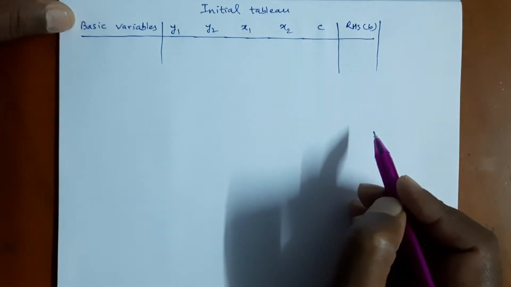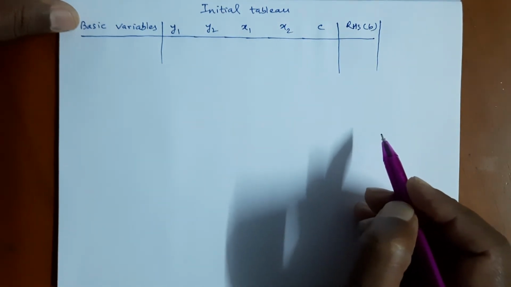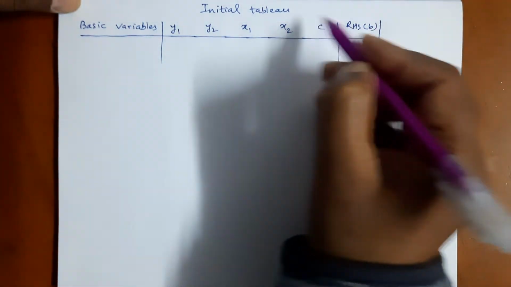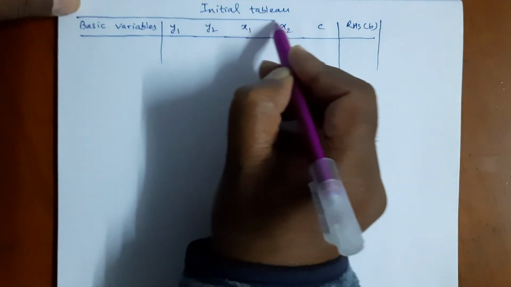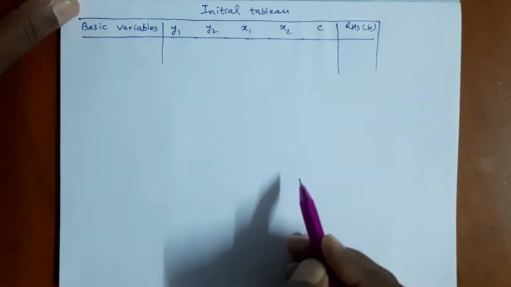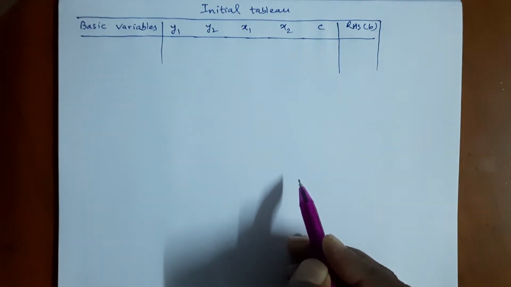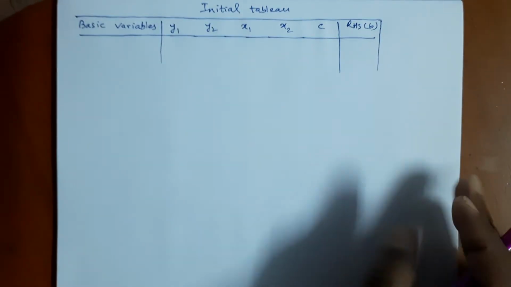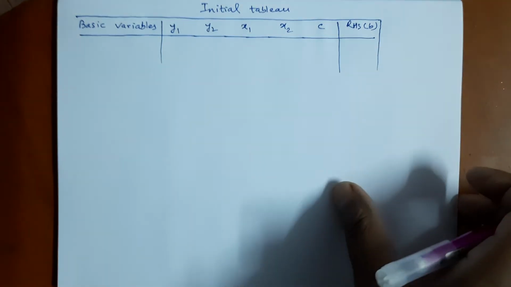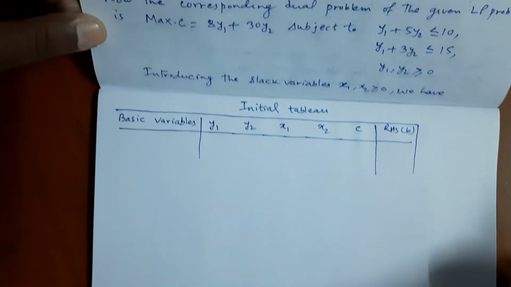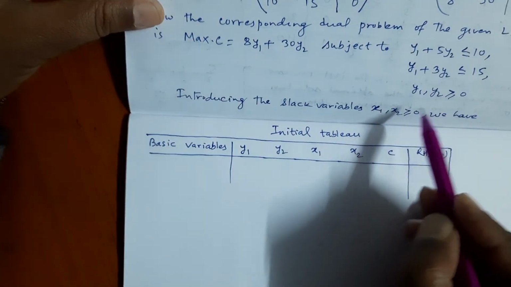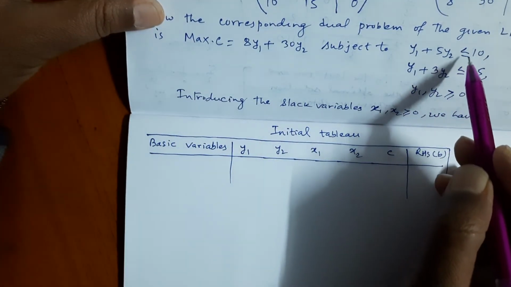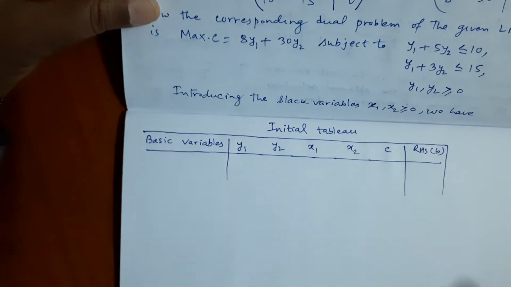Okay, and here after introducing slack variables, we have after adding this x1 x2 here, this inequality changes into equation.